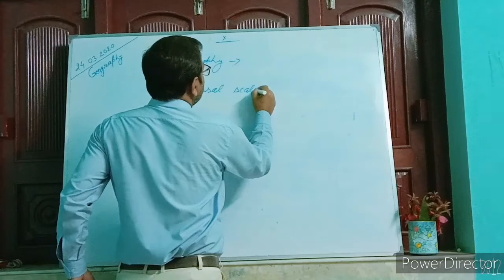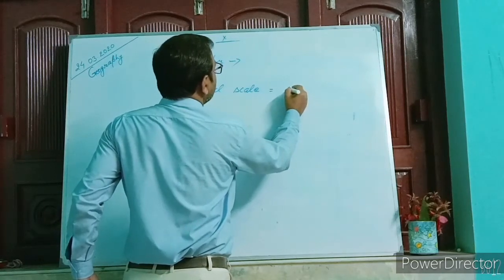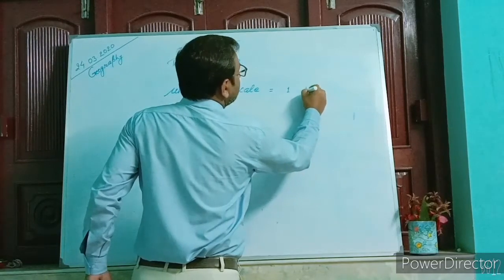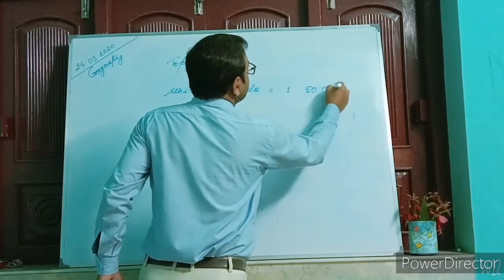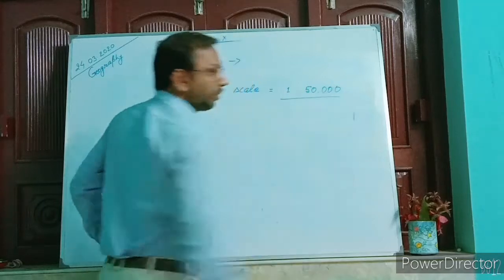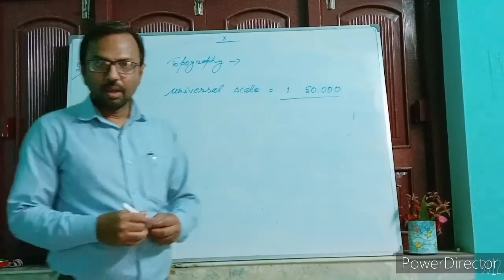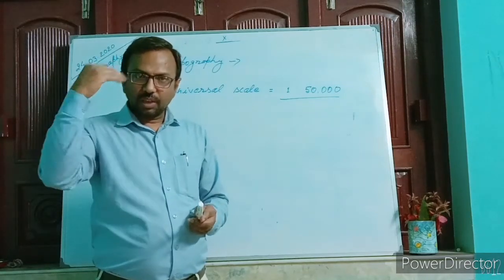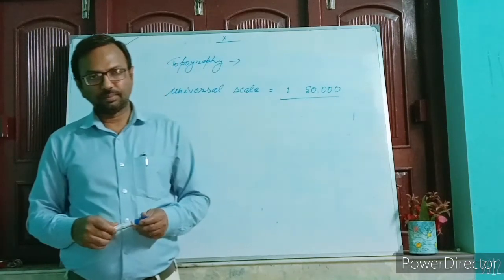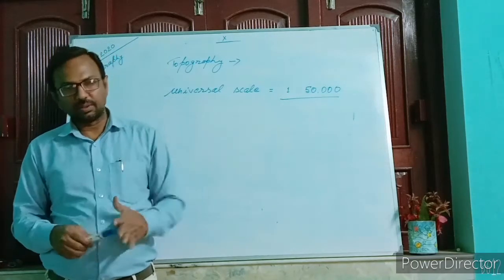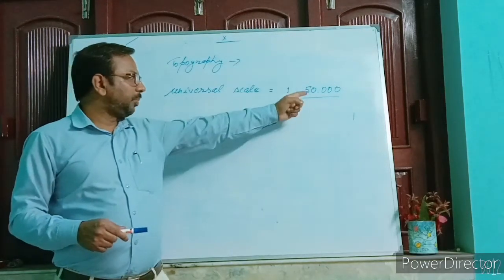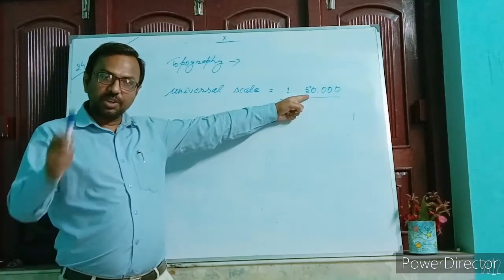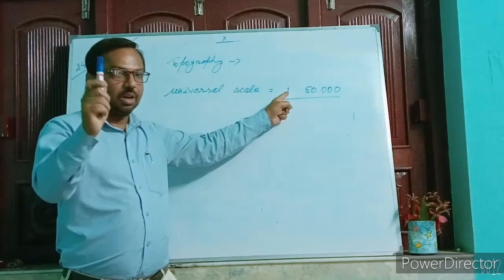This universal scale of topo sheet is equal to 1 is to 50,000. It means the length of 50,000 centimeter on the real ground. On the real ground means on the earth. The length of 50,000 centimeter on the real ground is represented by only 1 centimeter on the topo sheet.